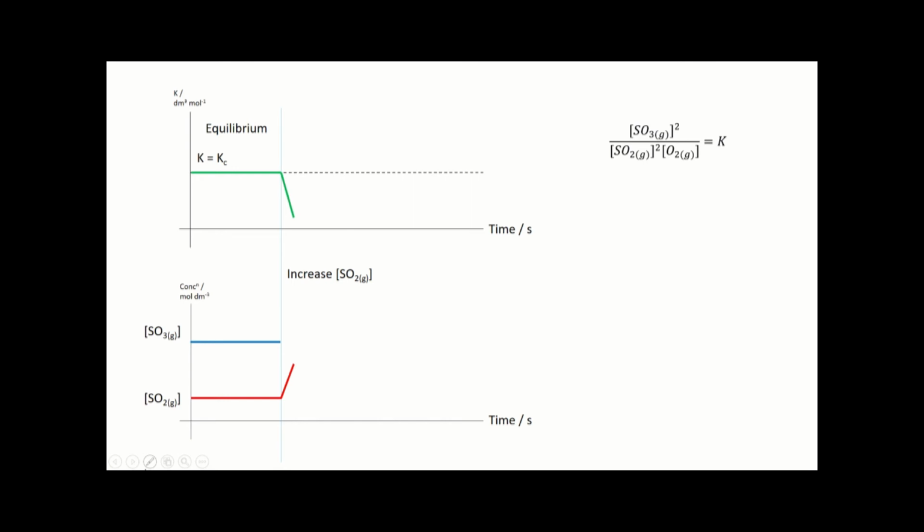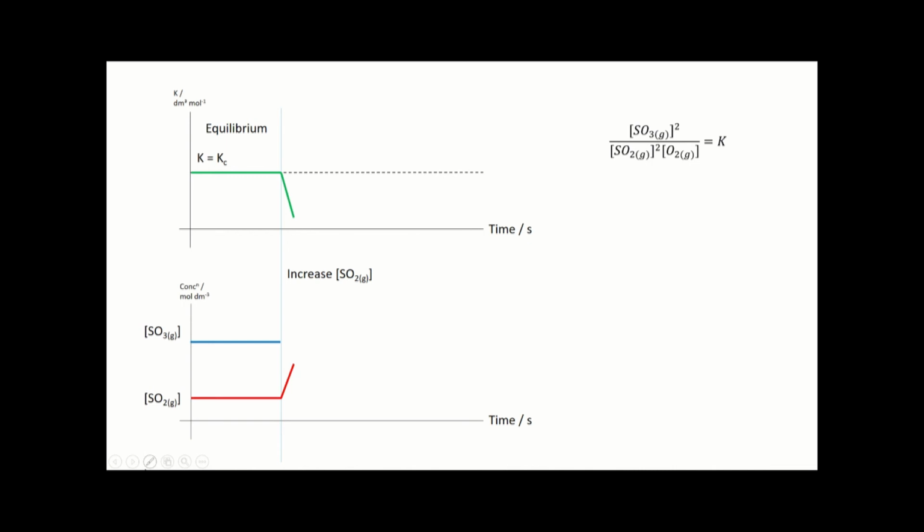of SO2. And that's going to continue until we've made enough product for the reverse reaction rate to speed up to the same amount. So essentially we are using up SO2, and as we use that, the reaction rate forward slows down, and we are producing SO3.